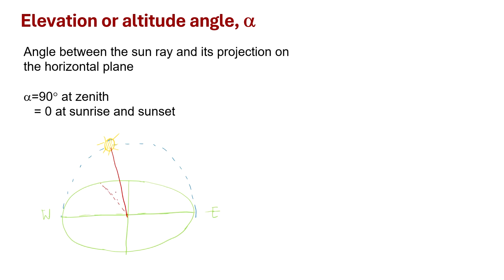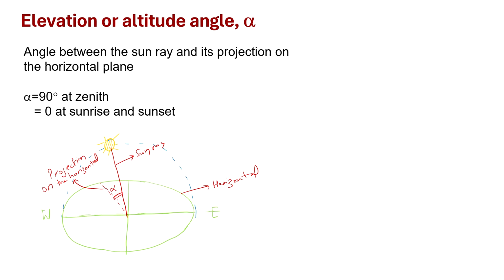So, the angle between these, this is the sun ray, this is the horizontal, and this angle is nothing but alpha.